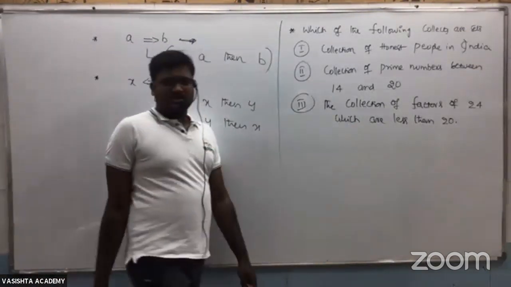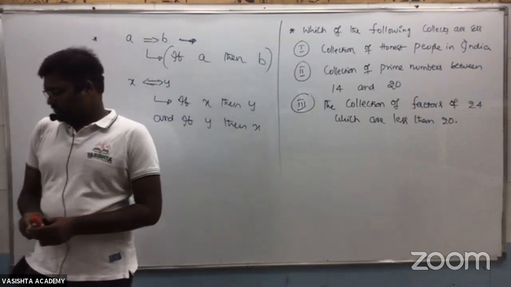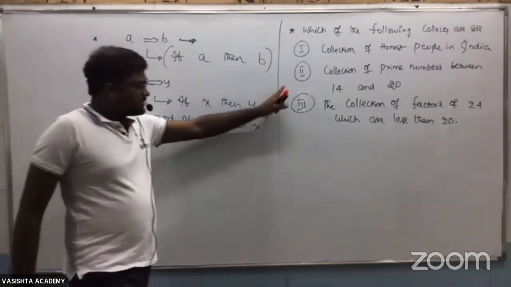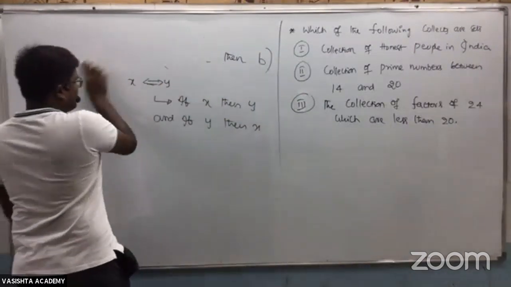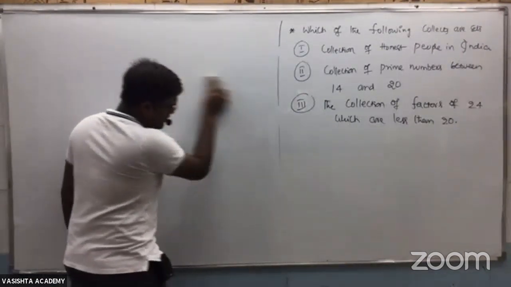So let us try to understand these three examples. After these three examples, the set definition will become more and more clear. Even if you have any confusion, right?